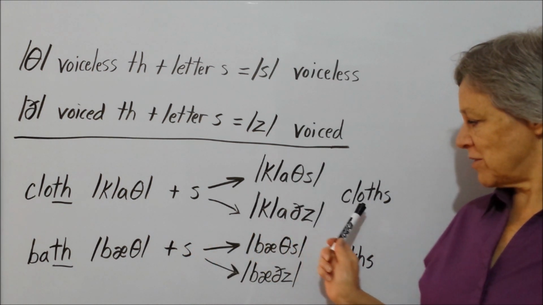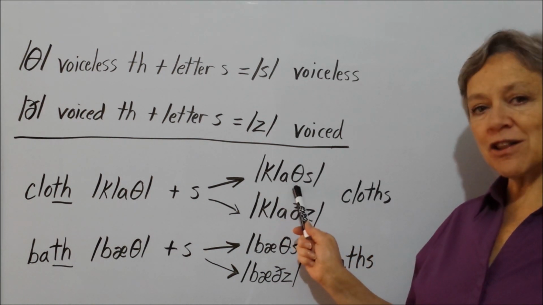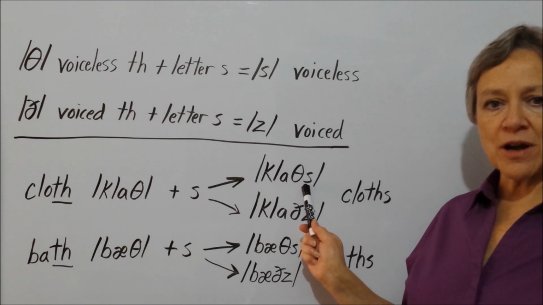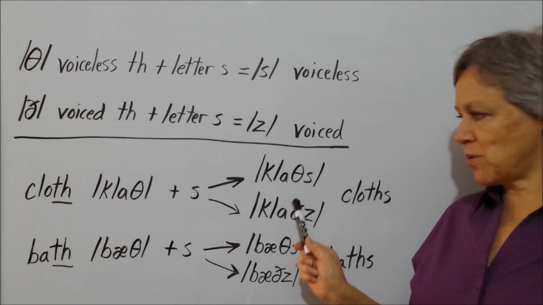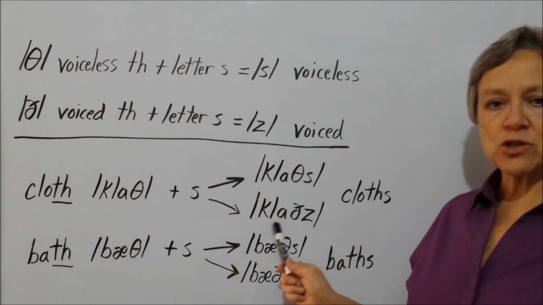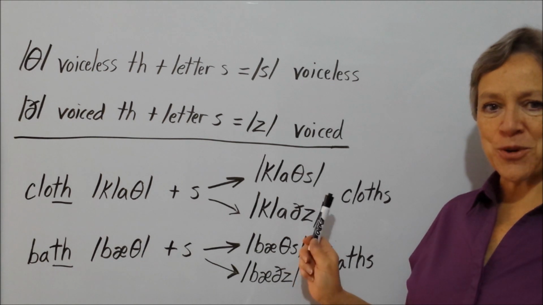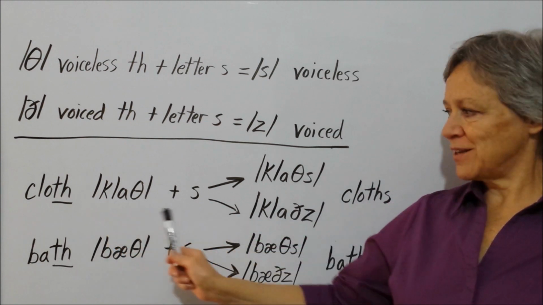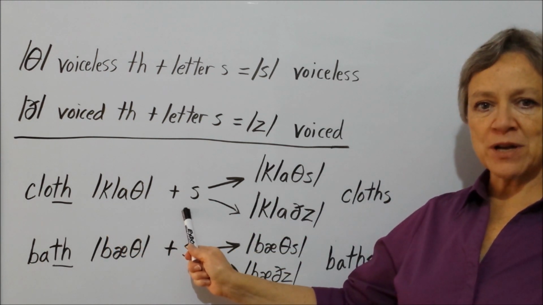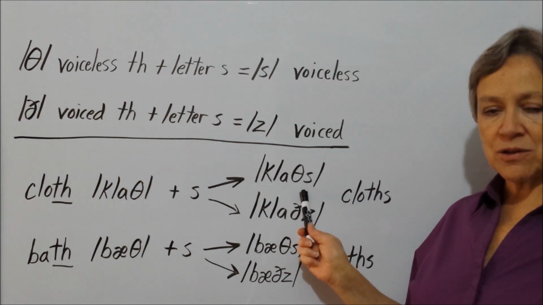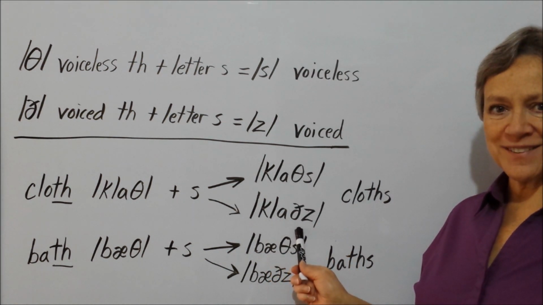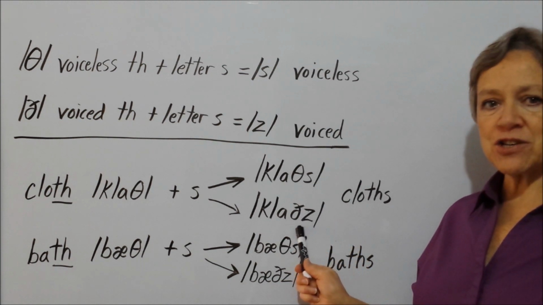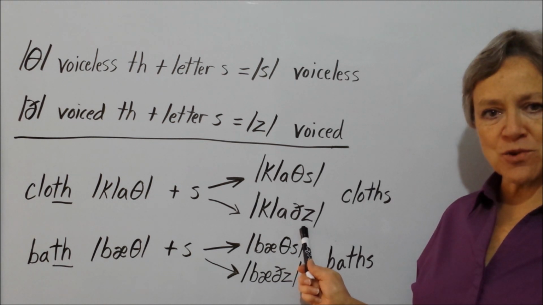So they pronounce the plural, cloths, with both of these last two sounds voiceless. However, other speakers change this and make both of these last two sounds voiced. So the plural of this word, cloth plus the letter s, can be pronounced as either of these. In the first pronunciation, both of these last two sounds are voiceless. In the second pronunciation, both of these last sounds are voiced.